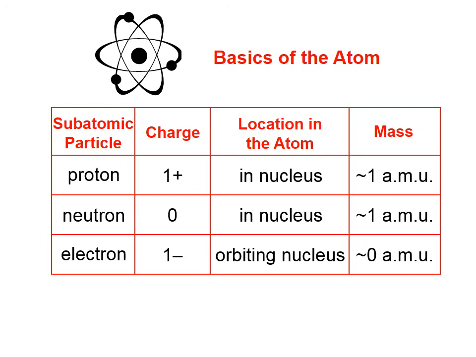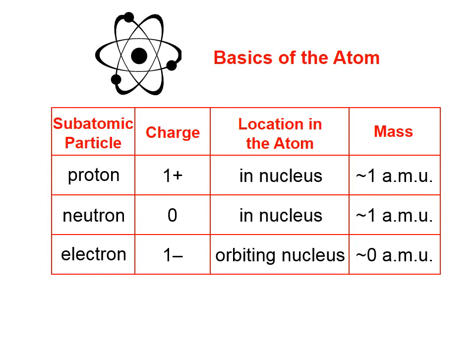All of that you might have known already, but perhaps you didn't know about the mass of these subatomic particles. And it turns out that a proton and a neutron have very nearly the same mass, about 1 AMU. Electrons are much, much less massive than protons and neutrons.